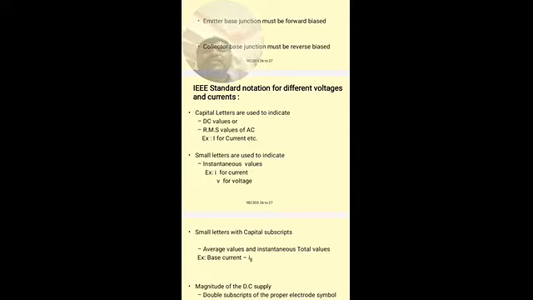For example, base current is represented by small i subscripted with capital B.